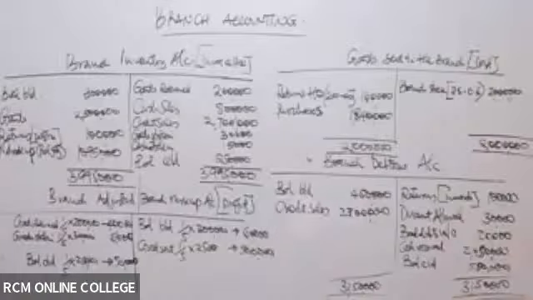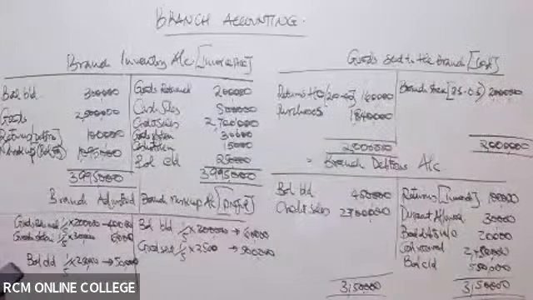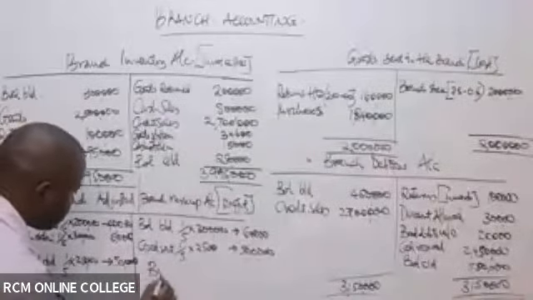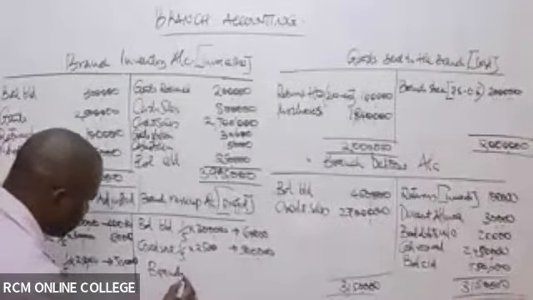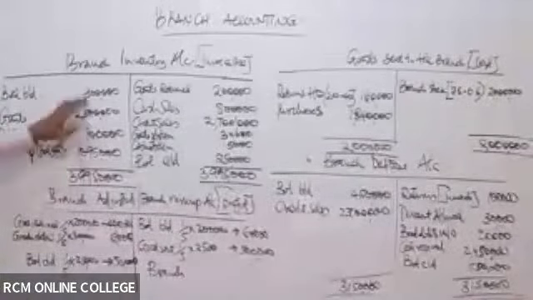Then this particular markup here, you'll credit it here. Remember, this is the account that is recognizing the markup on the branch inventory.